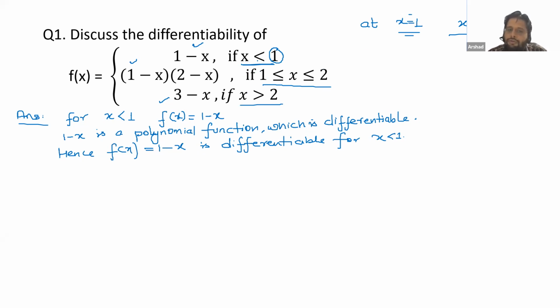Can you use the graph to explain why it will not be differentiable? I'm not saying it is not differentiable, I'm saying there is a possibility. Why? Because if we draw a graph, I'm just drawing a rough sketch, this is 1, and for less than 1, you have the equation 1 minus x.